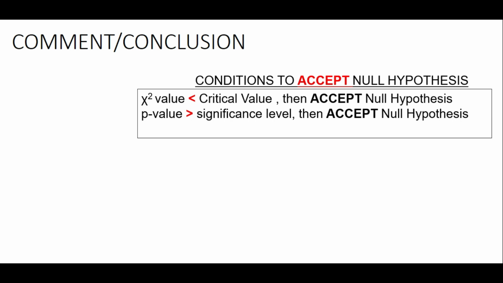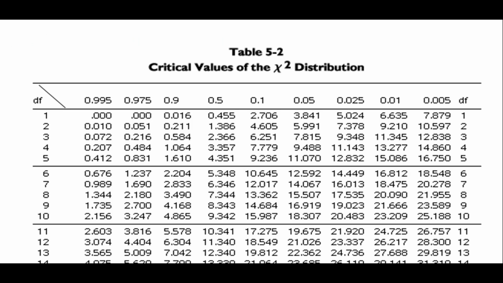Now from where can you get the critical value? Critical value can be given in the question, or the other way to find it is you have a table where you have the critical values for the chi-square distribution. You have the degree of freedom mentioned here, and here you have the values for the significance levels at which the test is being conducted.